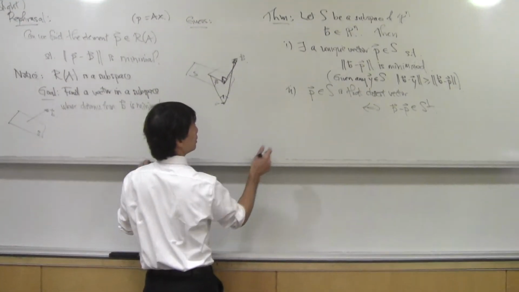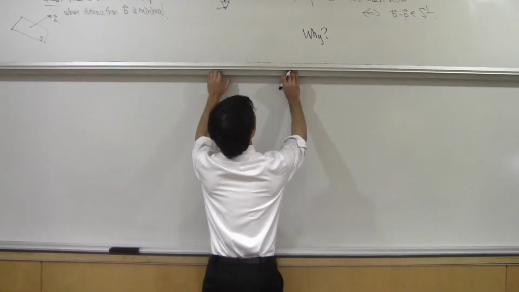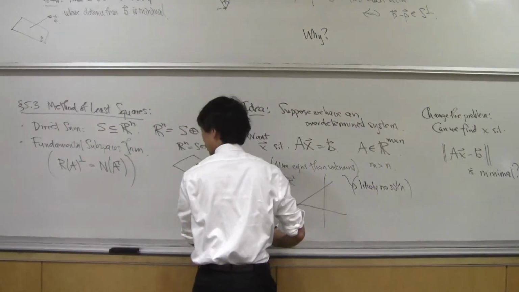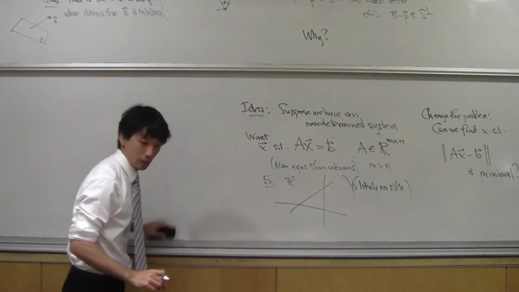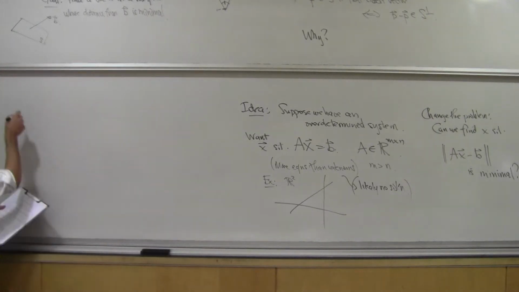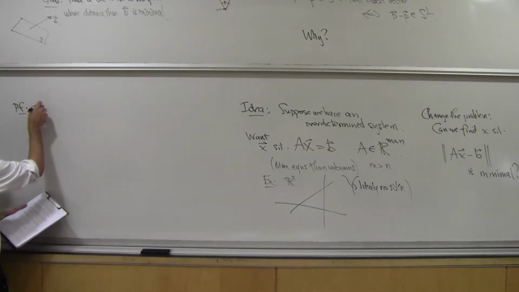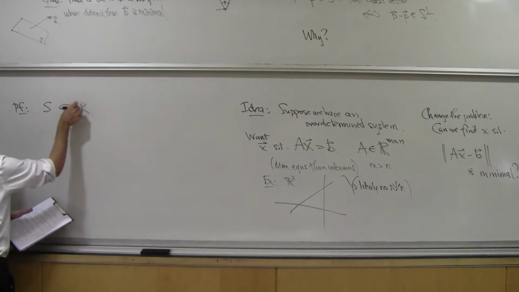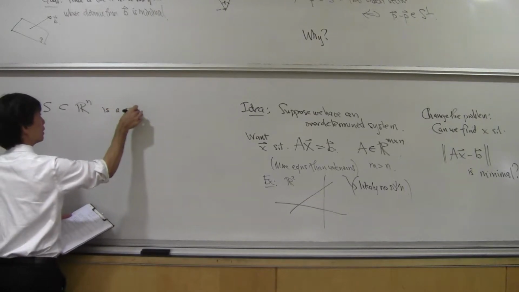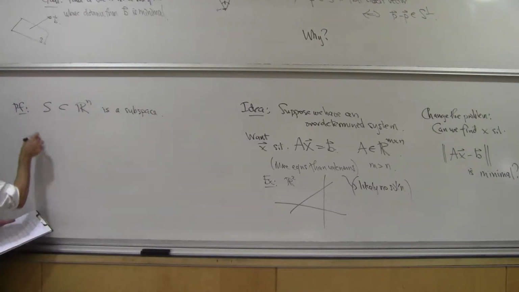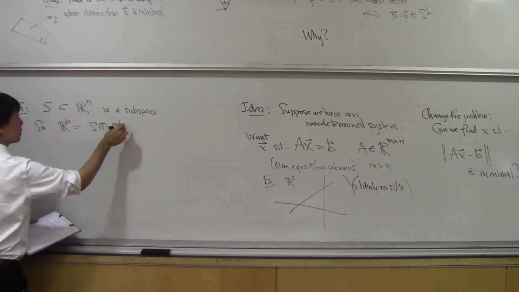So why does that happen? Let's see how this works. Like I said, this basically hinges on the direct sum decomposition. S is a subspace of Rn, so we can decompose Rn into S direct sum S perp.